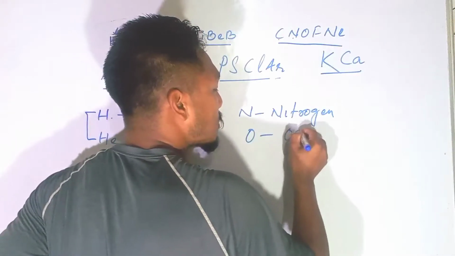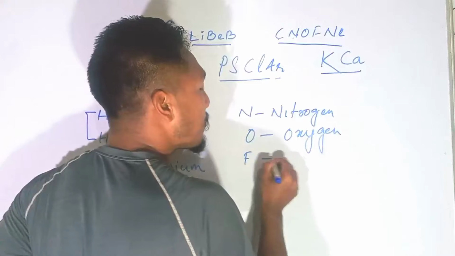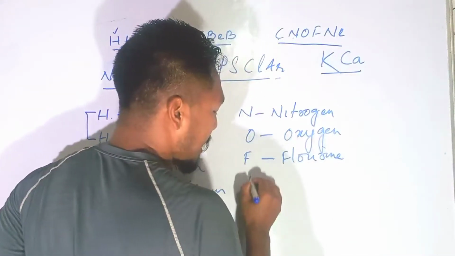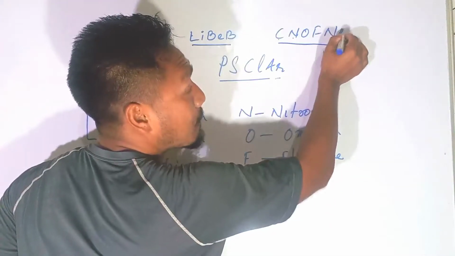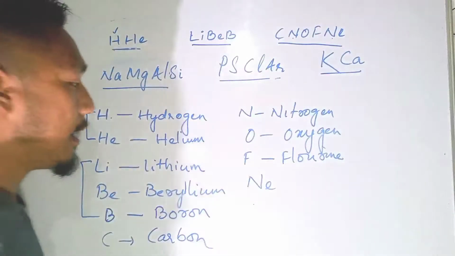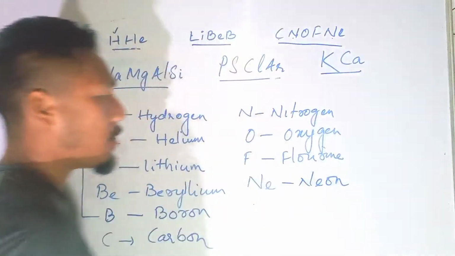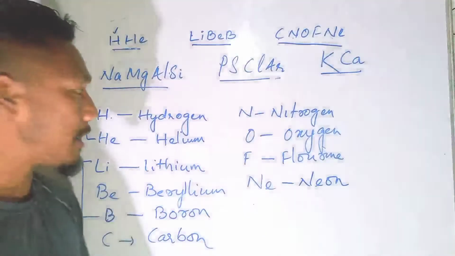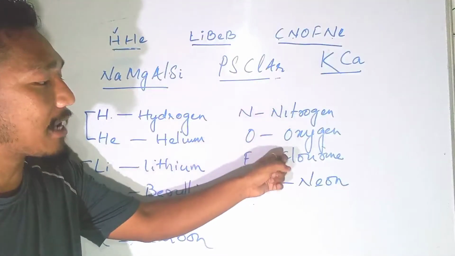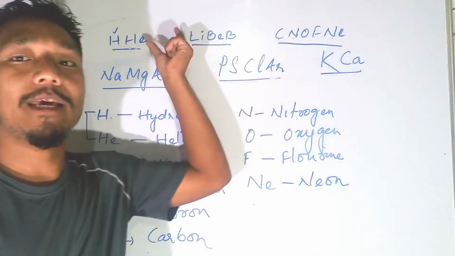F stands for fluorine, and Ne stands for neon. So how many elements do we have now? 1, 2, 3, 4, 5, 6, 7, 8, 9, 10.